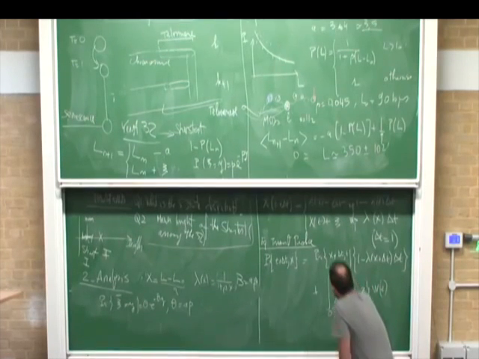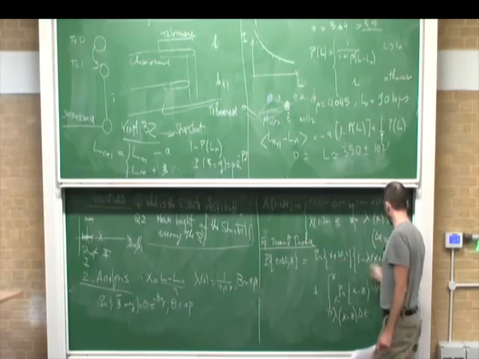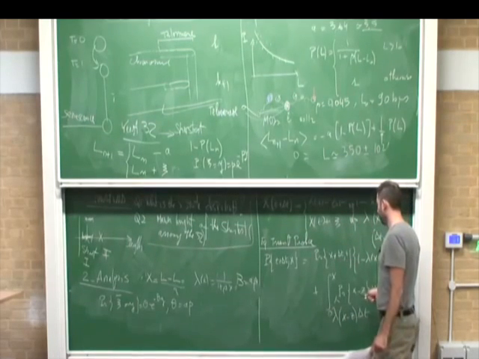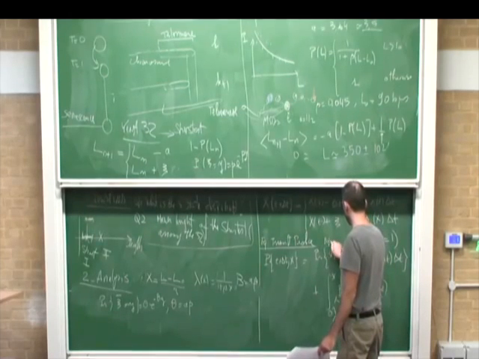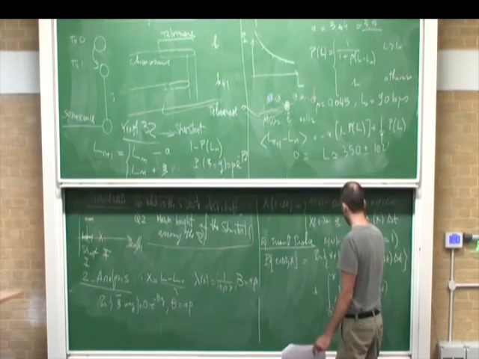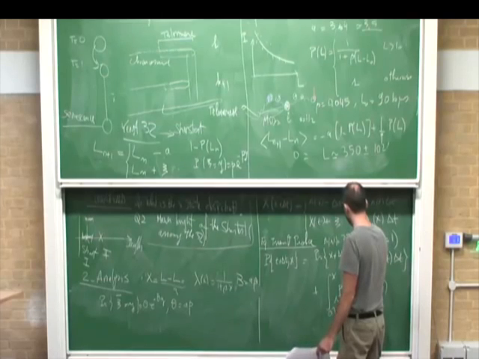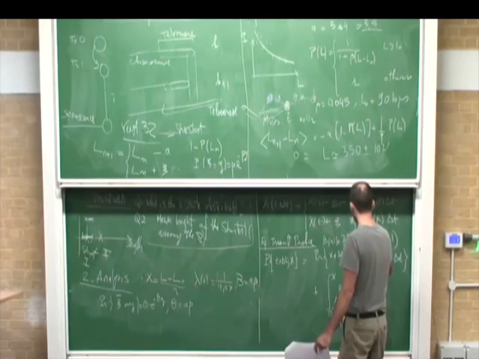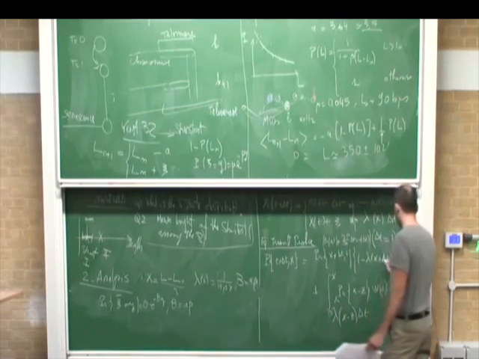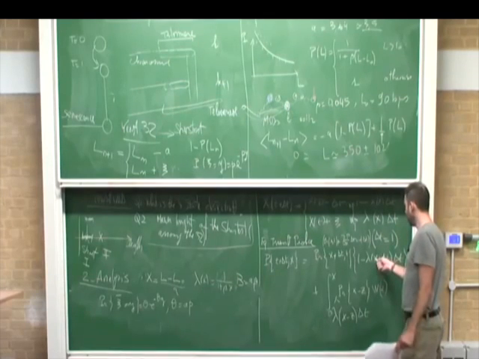Okay, so now we have to do a Taylor expansion of everything in delta t. This can be written as the probability of x and t plus the derivative dp/dx multiplied by delta t, plus something that you can neglect in delta t. This I can always approximate as lambda x plus delta t.